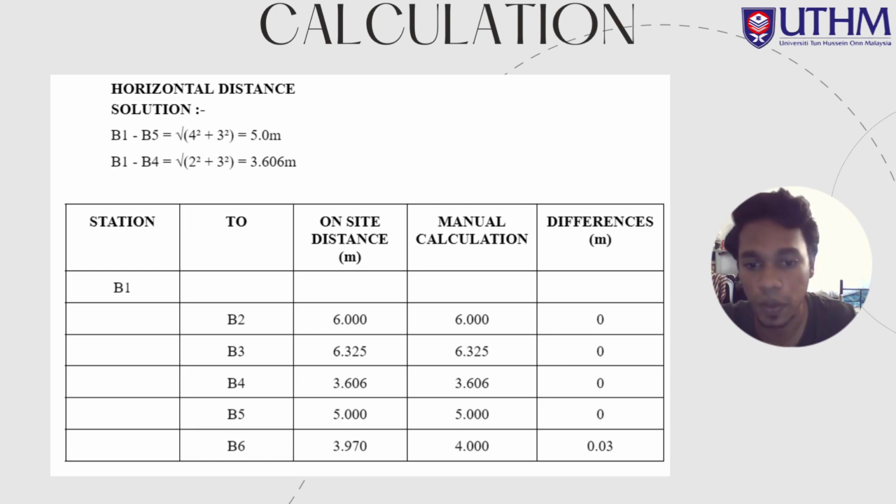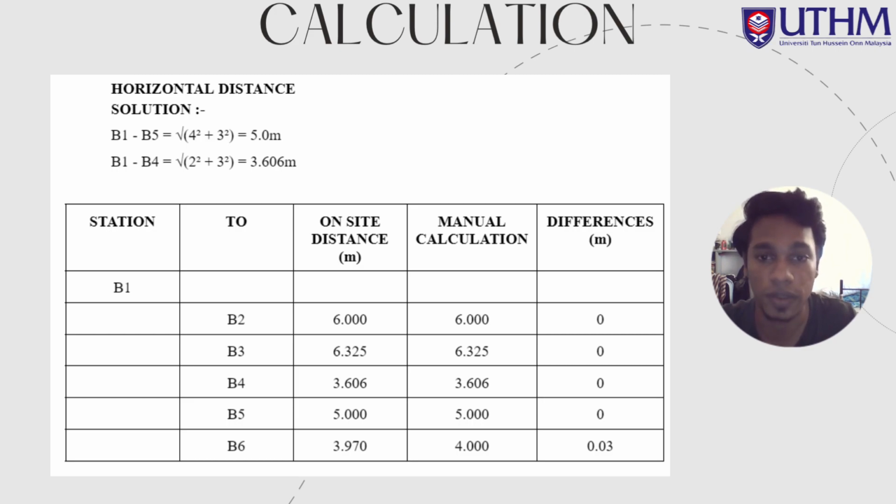Moving on to B1 to B3, our on-site distance was 6.325 meters, and our manual calculation tallied with the trigonometric formula. We obtained 6.325 meters as well, with no difference in this length.